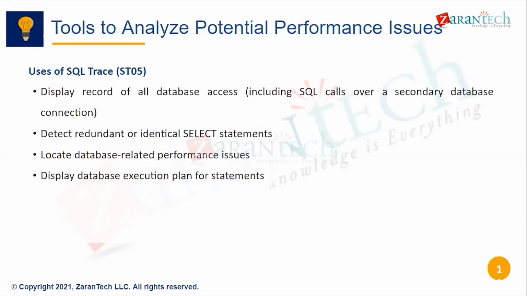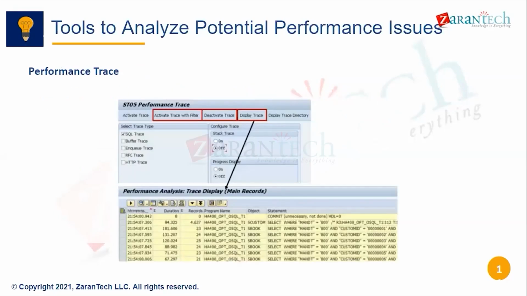It easily detects identical SELECT statements, and it provides a simple list showing that this particular SELECT * statement took this amount of time. Based on that, we can take our call and start fixing those statements so that they are optimized.